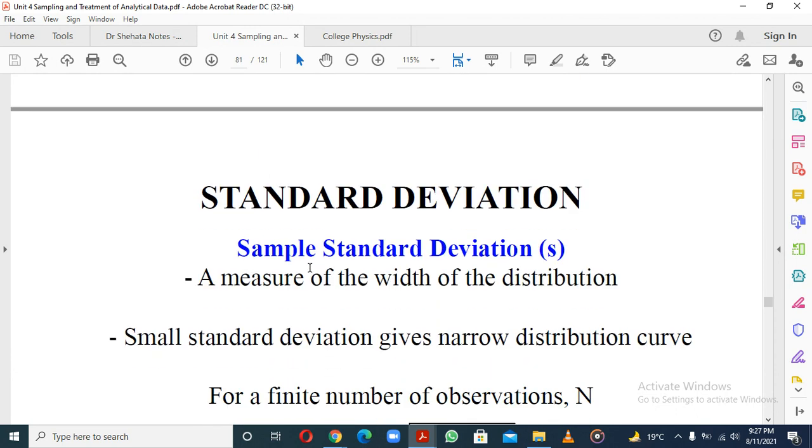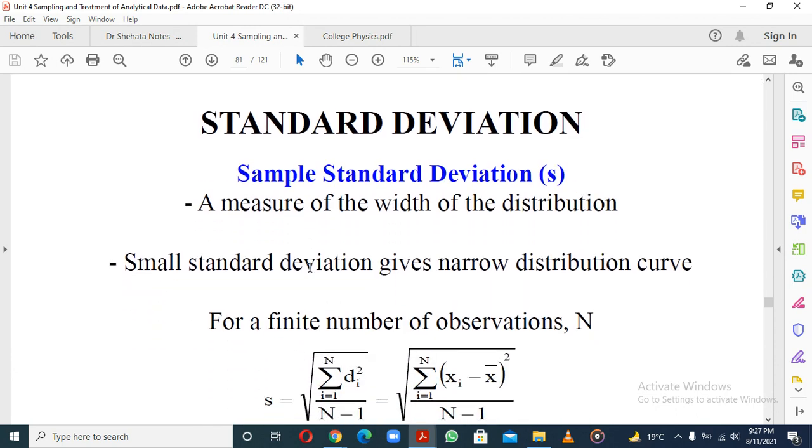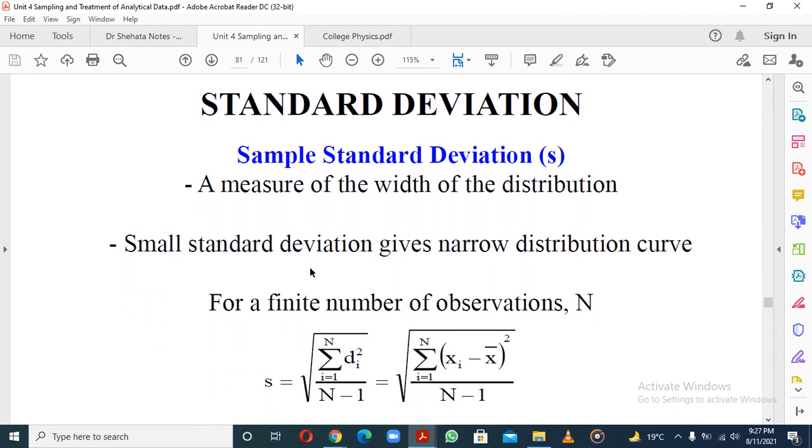Then we now look at standard deviation. When you are looking at the sample standard deviation, you are looking at a measure of the width of the distribution. In short, how are the values differing from the mean?